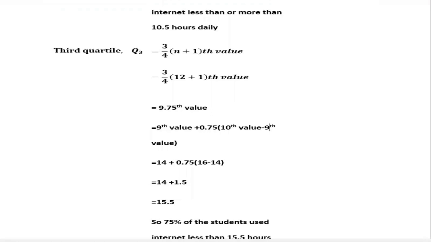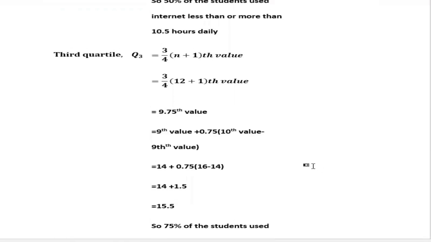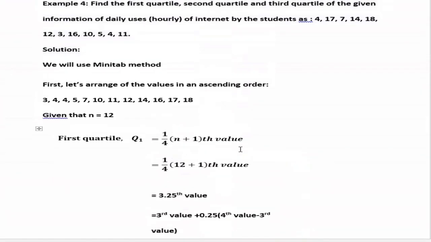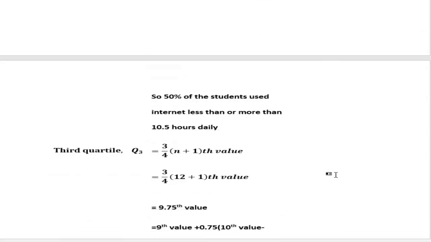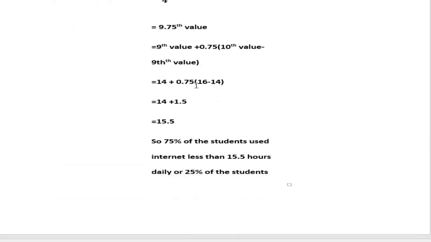What is our ninth value? Let us see: 1, 2, 3, 4, 5, 6, 7, 8, 9. The 9th is 14 and the 10th is 16. So the 10th minus the 9th value. If you do the calculation, you will get 15.5 hours.